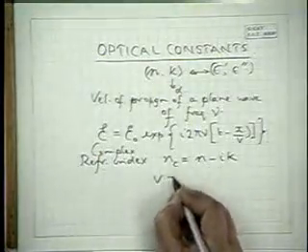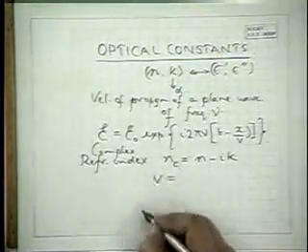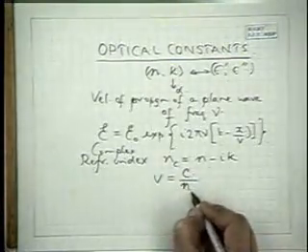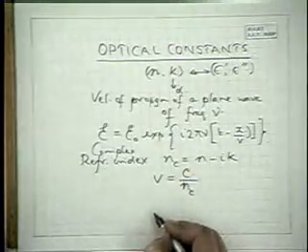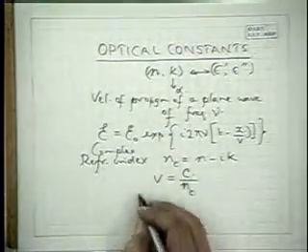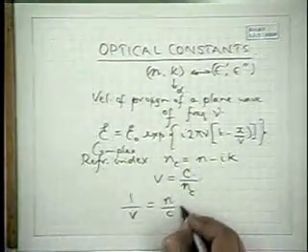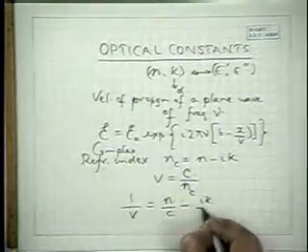We know the velocity of light in a medium is given by c over Nc, the complex refractive index, and so from these we can write 1 by v is equal to n by c minus ik by c.